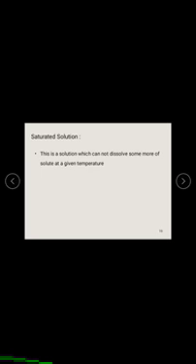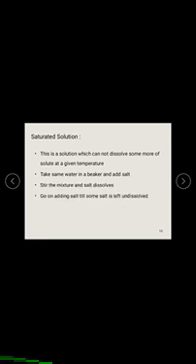Take some water in a beaker and add salt. Stir the mixture and the salt dissolves.